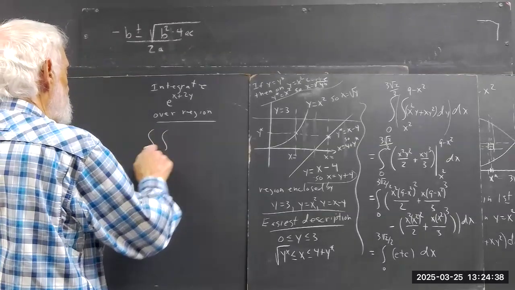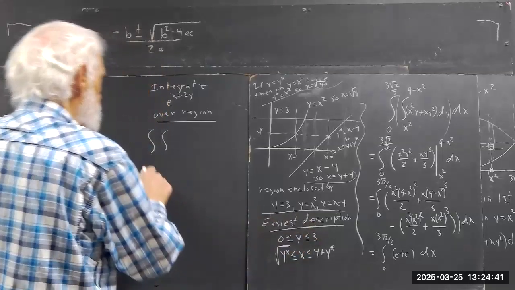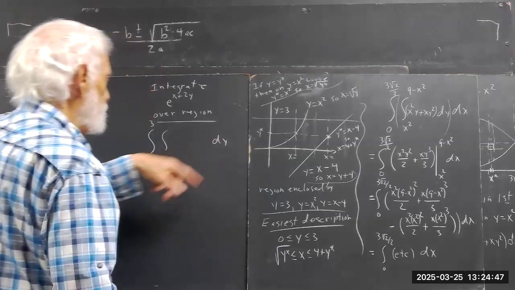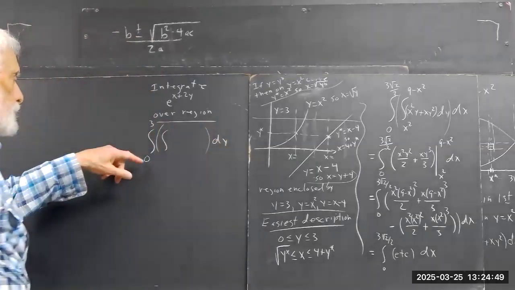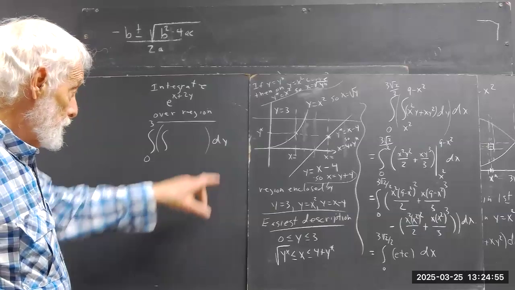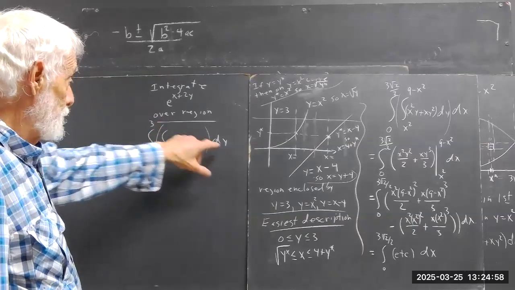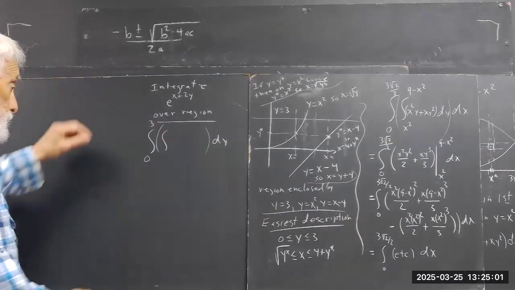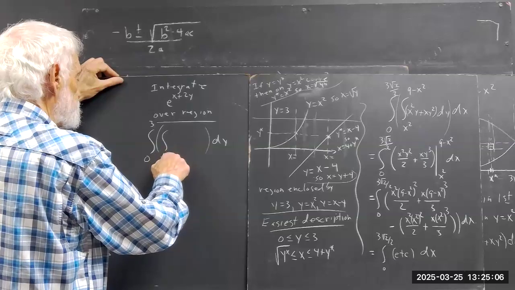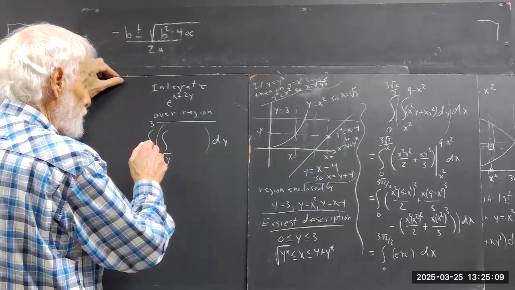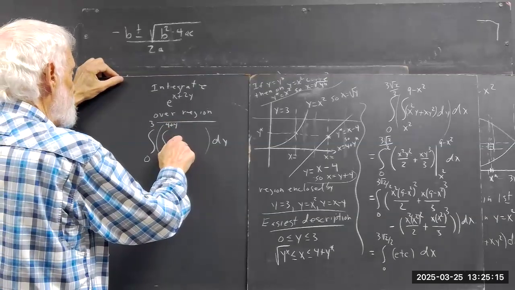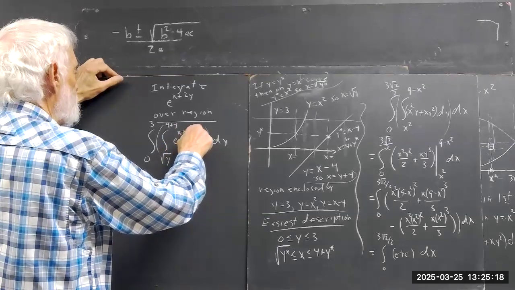Then we get the integral. Y goes from 0 to 3. Numerical limit first. And indicate, of course, that's the limits on the value of y. And then we integrate from square root of y to y plus 4. And we integrate our function.